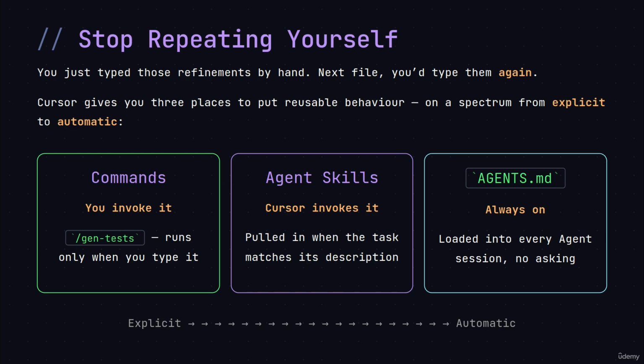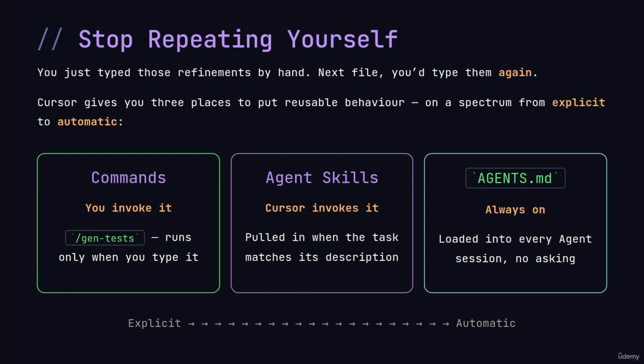Fortunately, Cursor provides three ways in which we can make our test workflows reusable, including commands, agent skills, and the agents.md file. Now, when we use Cursor commands, this is when we can invoke a codified test generation. And when we use agent skills, this is when Cursor invokes it.